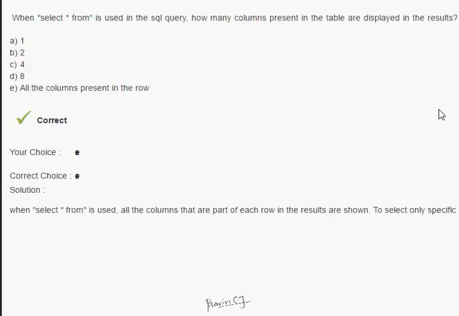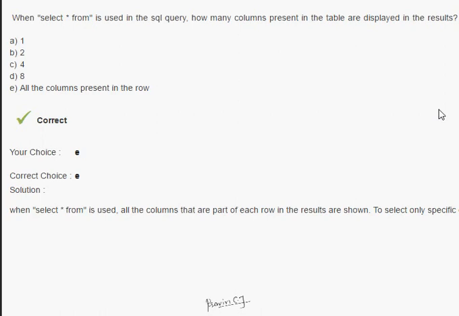Okay, the next question is regarding DBMS. When SELECT * FROM is used in an SQL query, how many columns present in the table are displayed in the result? That is a very simple question. Options are 1, 2, 4, 8, or all of the columns present.